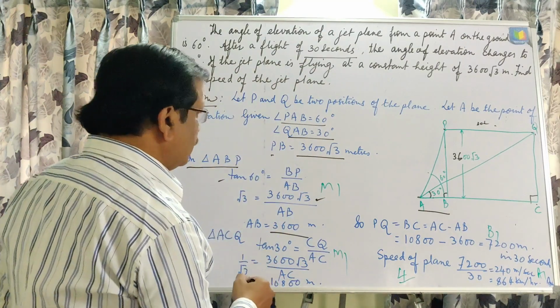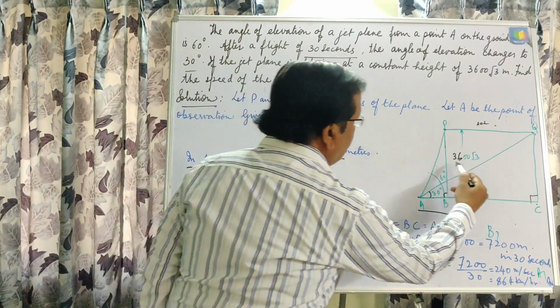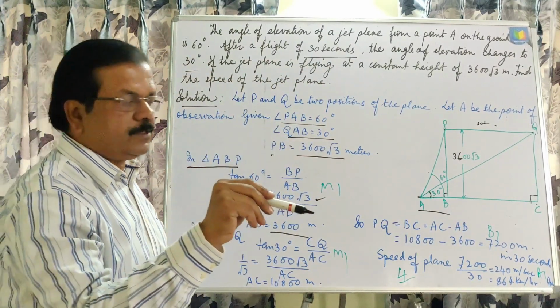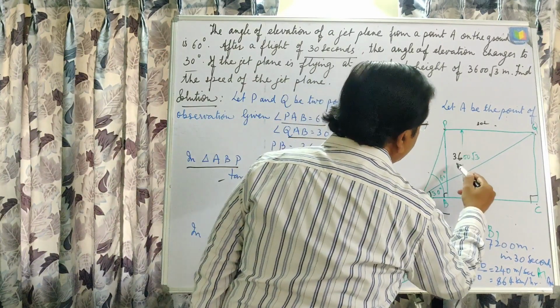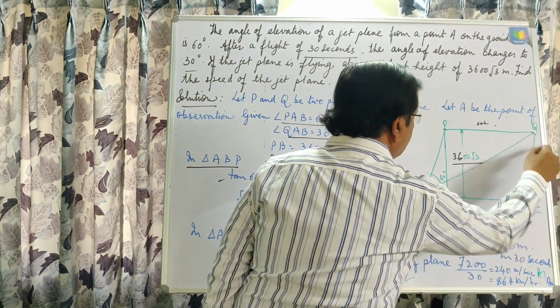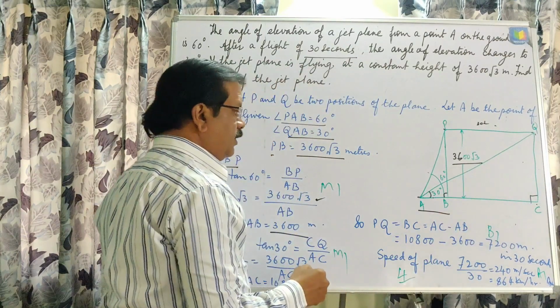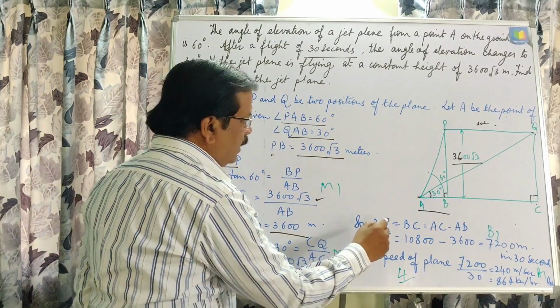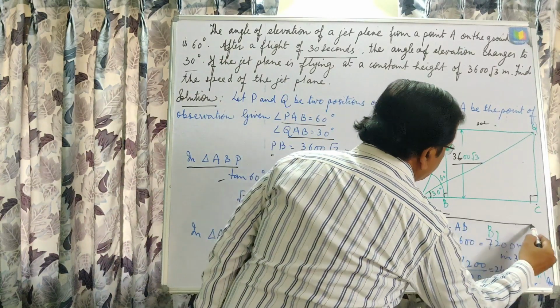Now you can see here, this is QC, again the same height because plane is flying at a constant height. Okay, and so this height 3600 root 3 will be same as here. So 3600 root 3 upon this value AC, and this way we are getting this AC.